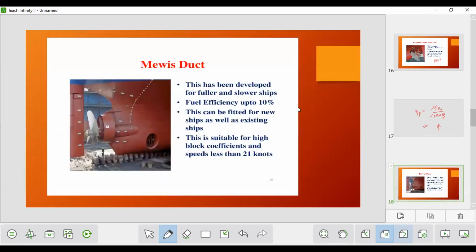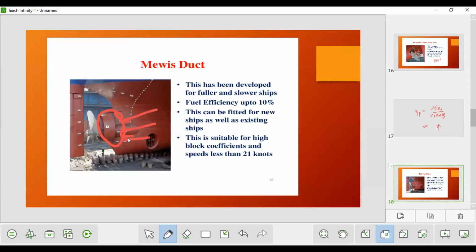Another concept is the mewis duct. That is just before the propeller. If you use this mewis duct, again it improves the propeller efficiency. How? Just by streamlining the flow.